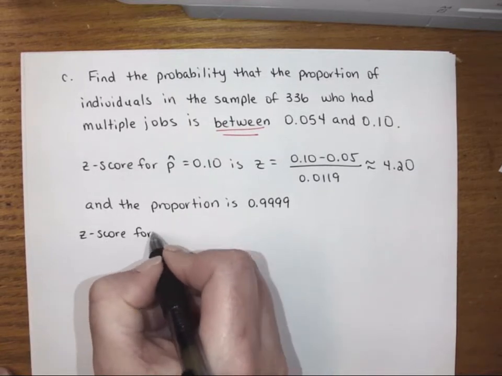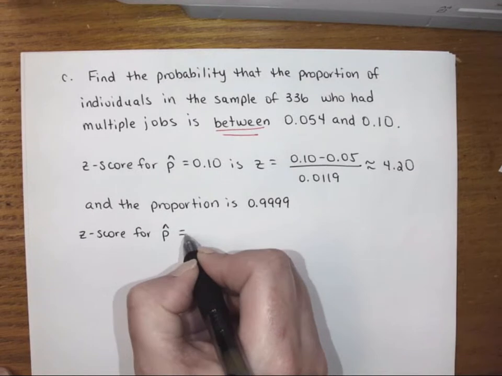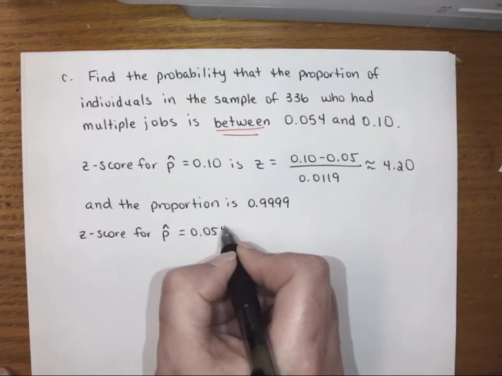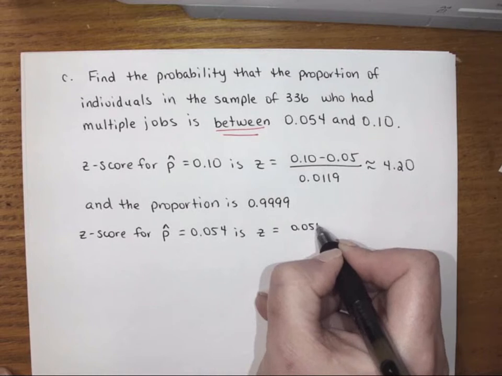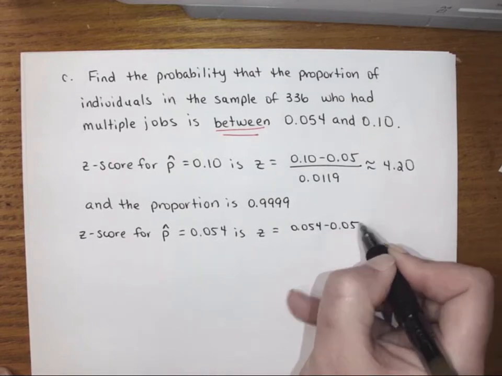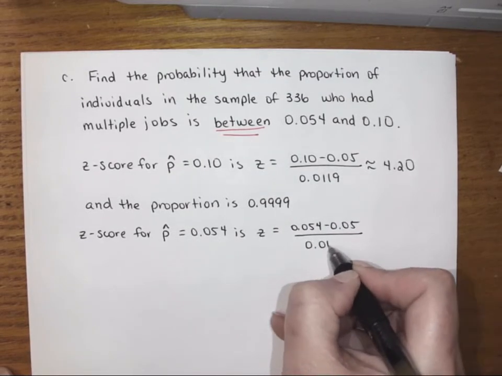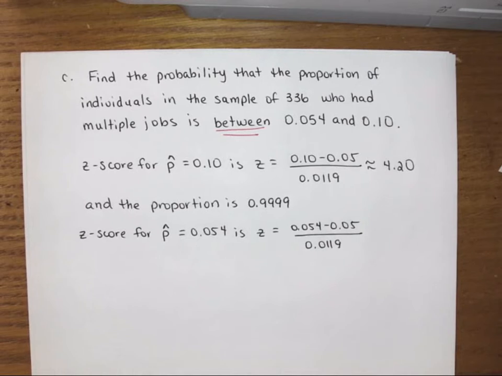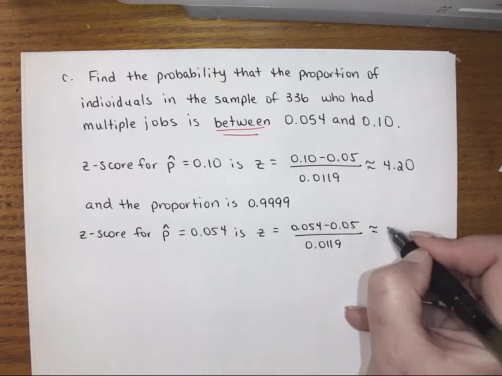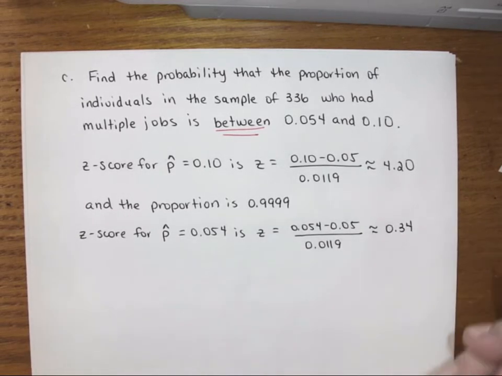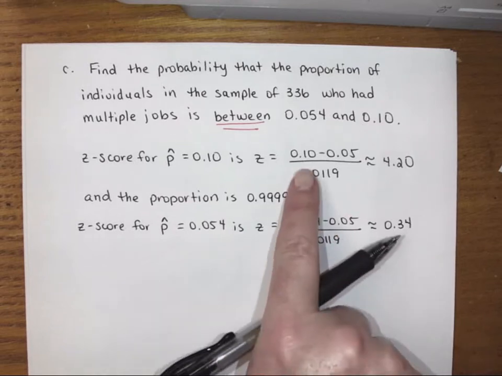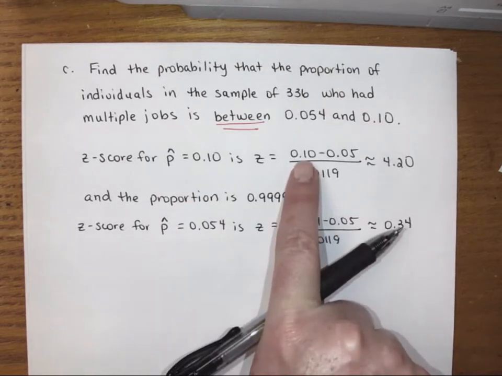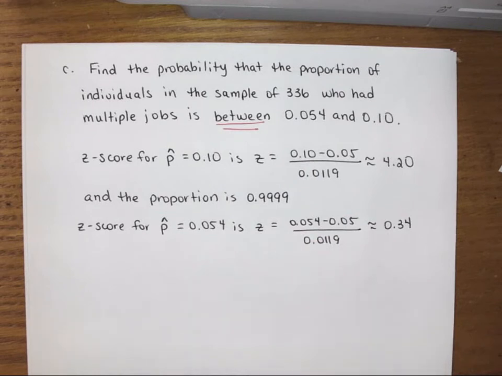So now let's find the other z-score and then the other proportion. So the z-score would be 0.054 minus mean over standard deviation. Notice this one gives us a much smaller z-score because this number is a lot closer to 0.05. It's a lot closer to what we expected. This number was double what we were expecting. This number's pretty close.